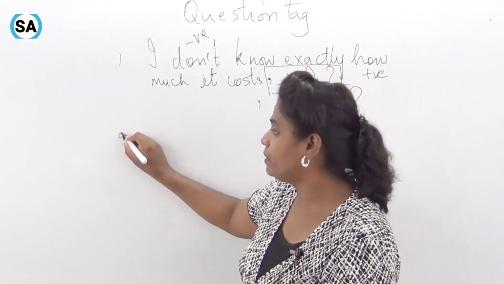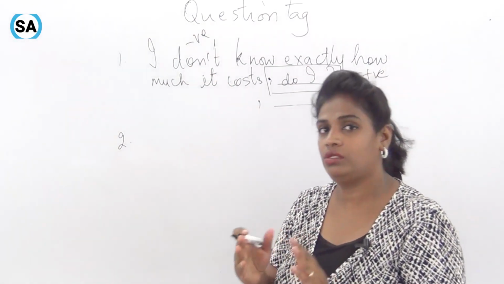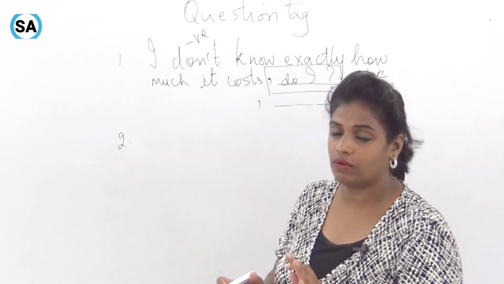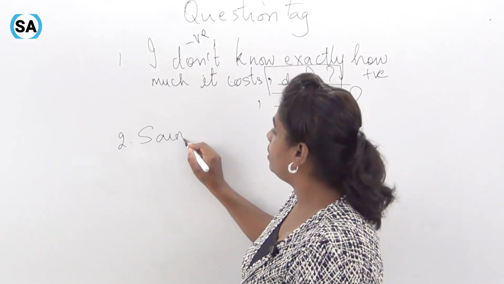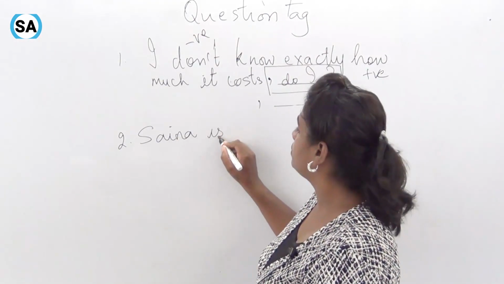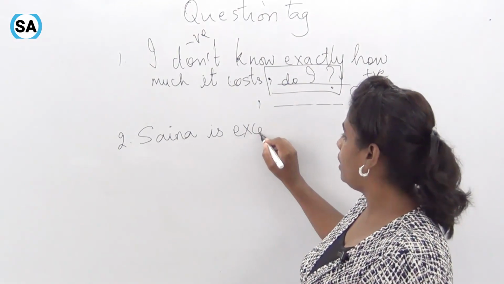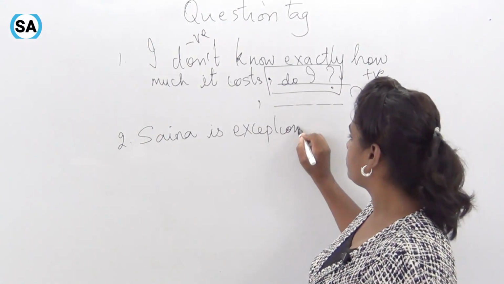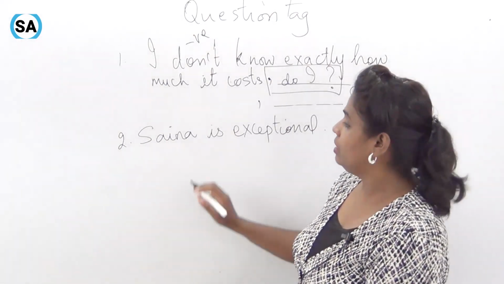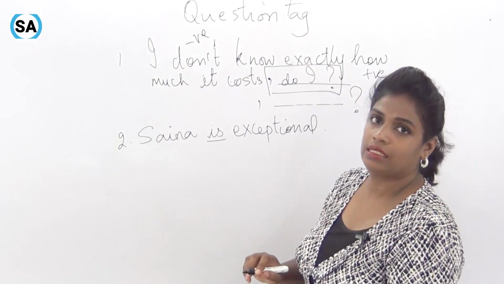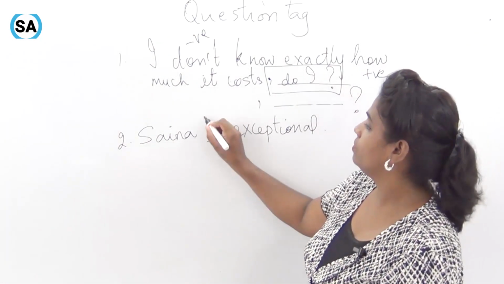Now we will see a positive sentence and how we change it to a negative question tag. So the sentence will be: Saina is exceptional. When we see this sentence, we find out that this sentence is positive.